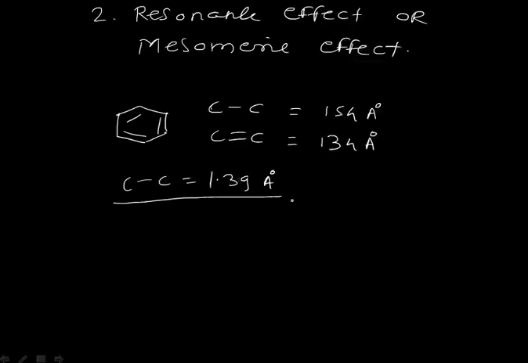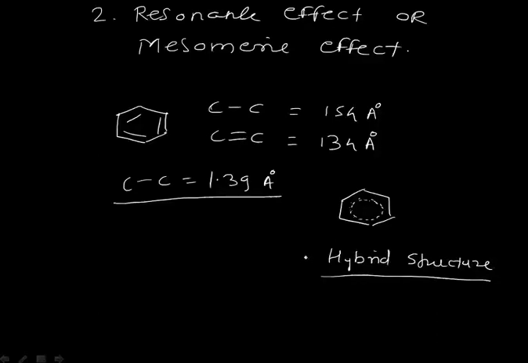So a structure comes into the picture that is neither a carbon carbon single bond nor a carbon carbon double bond, and we call it a hybrid structure. This is the hybrid structure of benzene, and this hybrid structure is because of resonance.